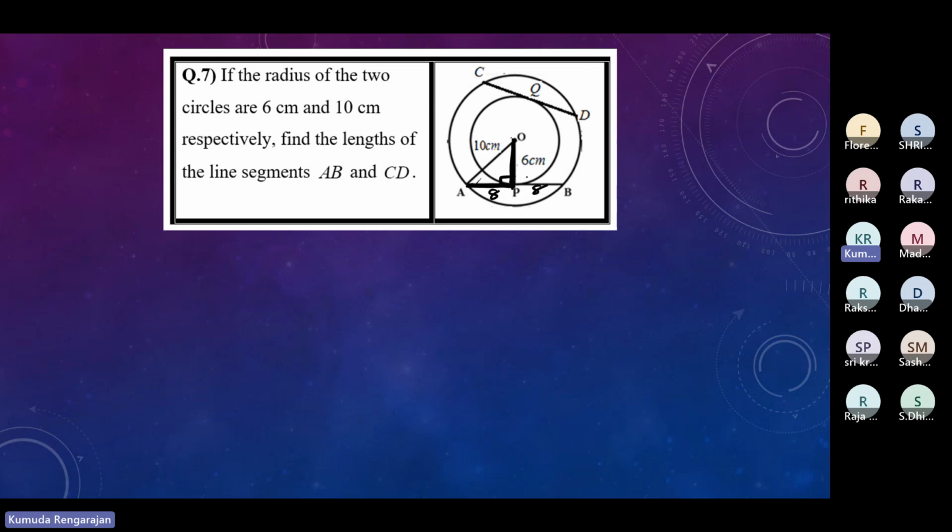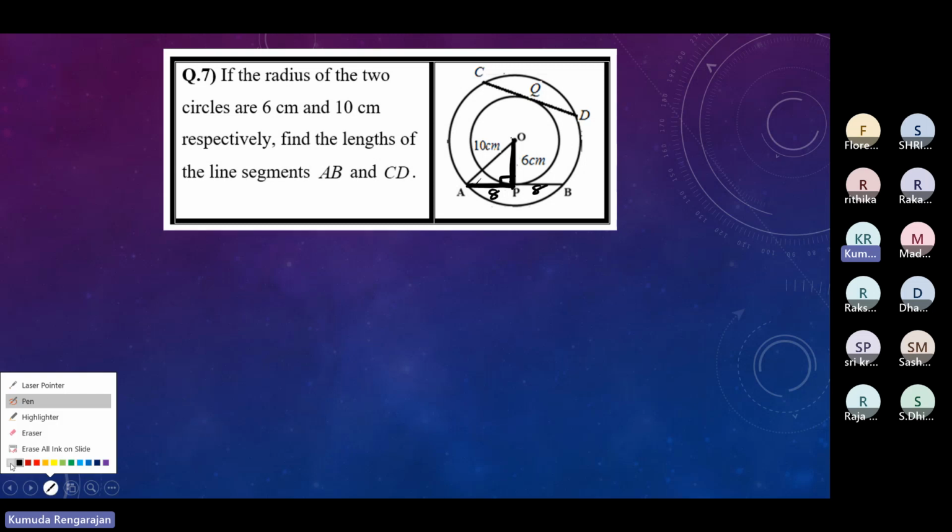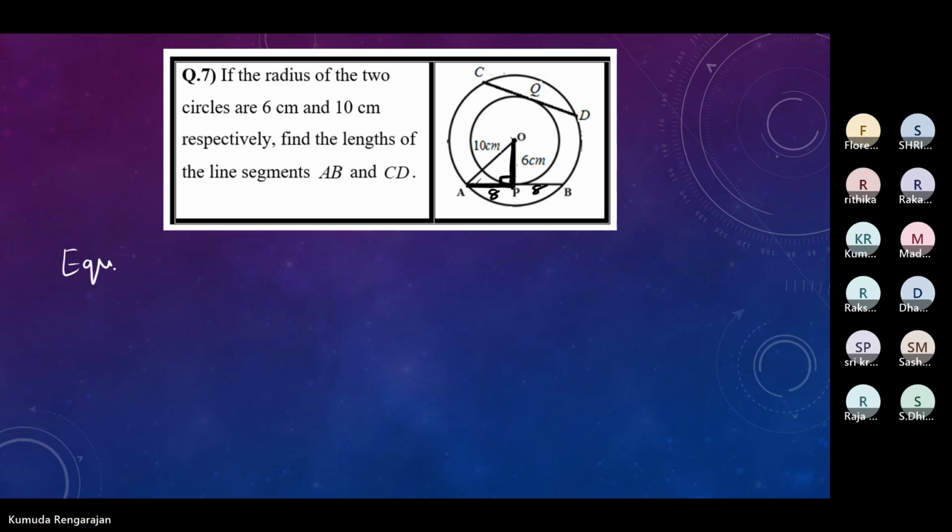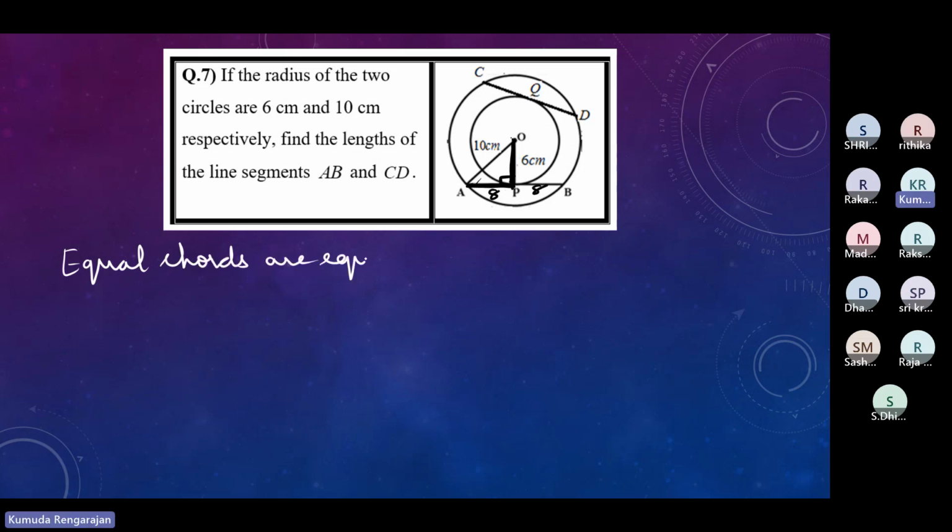Now again, we need to recall from 9th standard that if two chords are equidistant from the center, then the chords will have equal lengths. There are two theorems. One is equal chords are equidistant from the center.